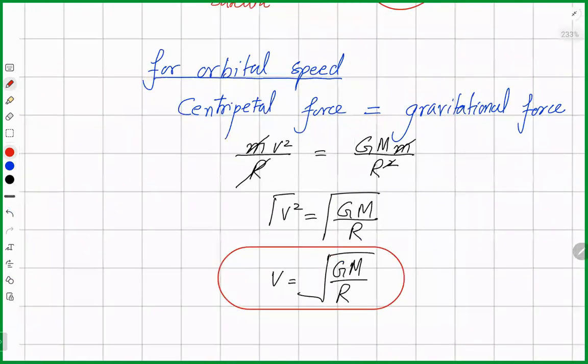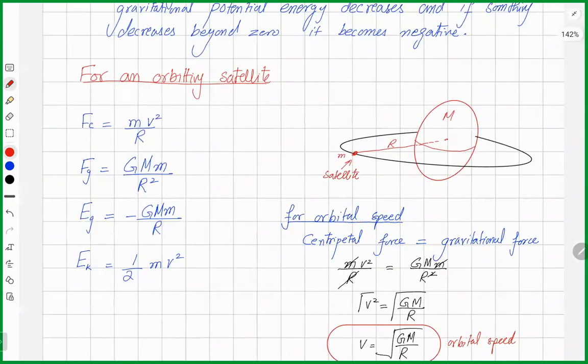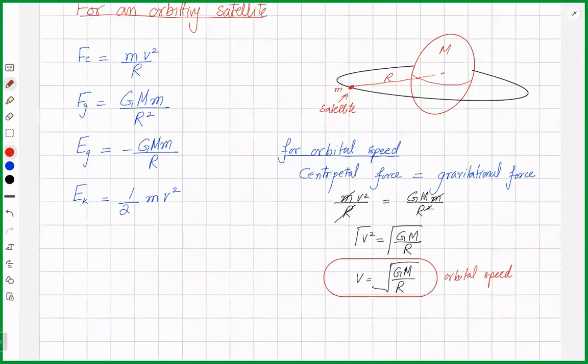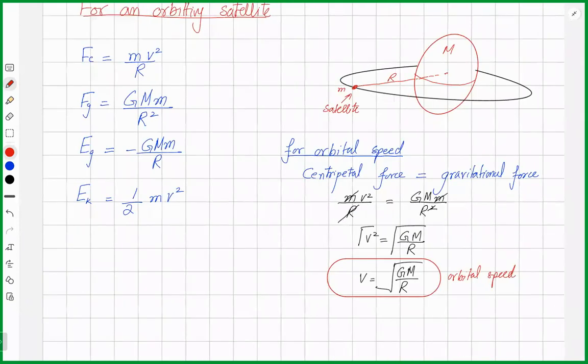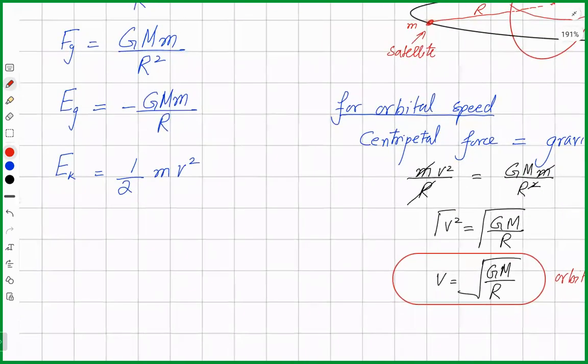Now, this is for orbital speed. If somebody wants to know how many meters or kilometers the satellite is moving in every second, you can find out using this formula. Now, if that is the formula for v, can we get rid of v from the kinetic energy formula? What will be the formula for kinetic energy if we put this value of v into kinetic energy? Let's see.